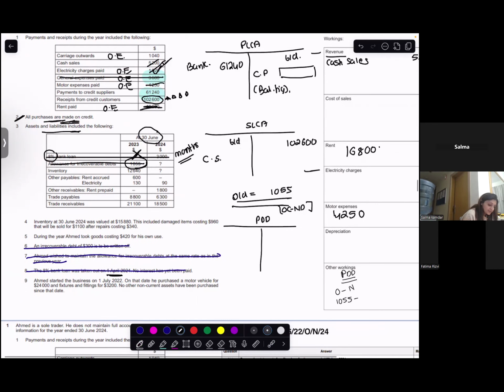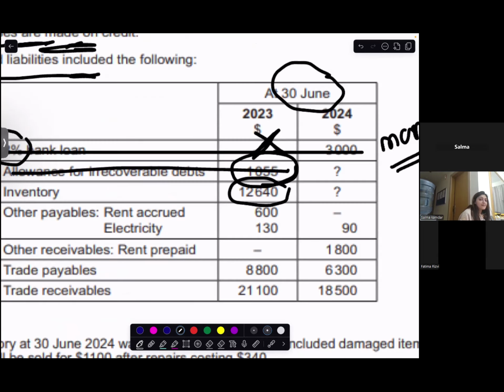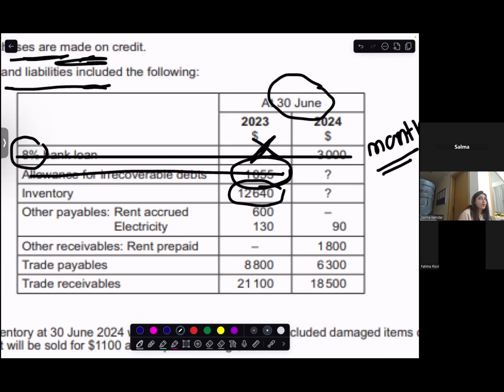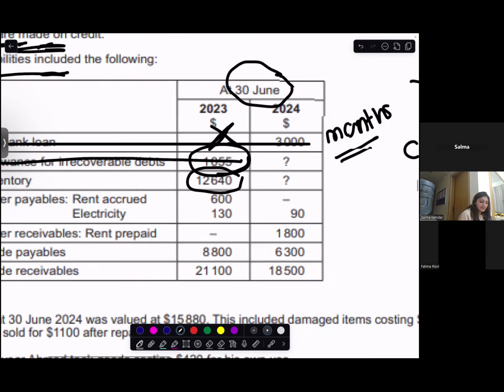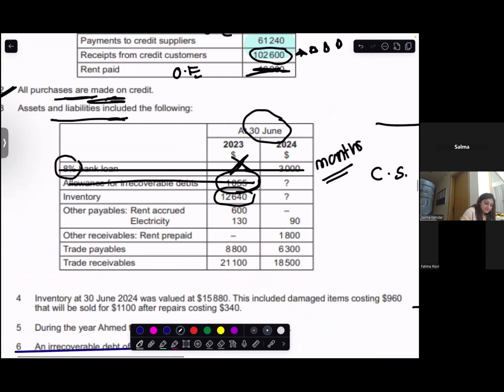Come on, this inventory. Where will it go? I am making a working for cost of sales.